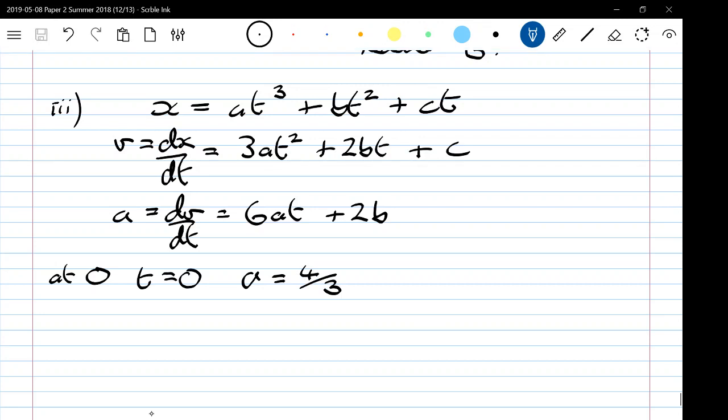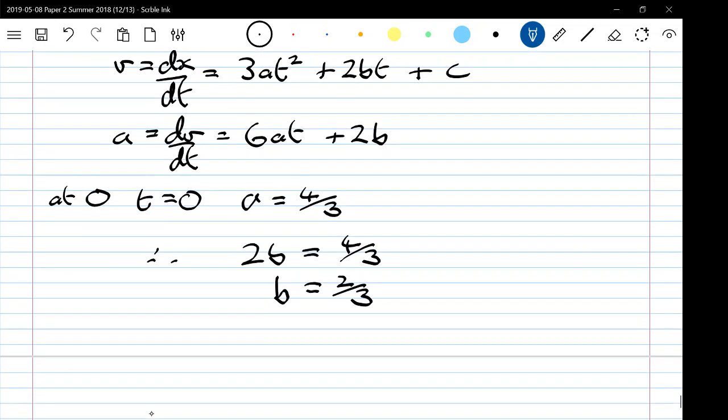So let's sub that in. 2b is equal to 4/3. So b must be equal to 2/3. And we started off by finding b. That was a good move.